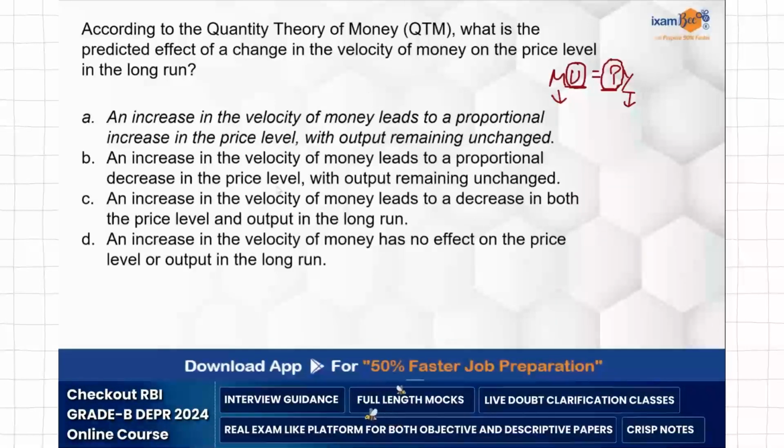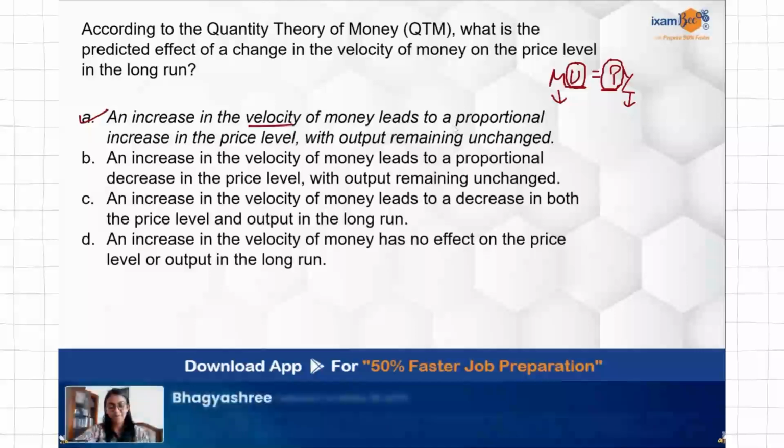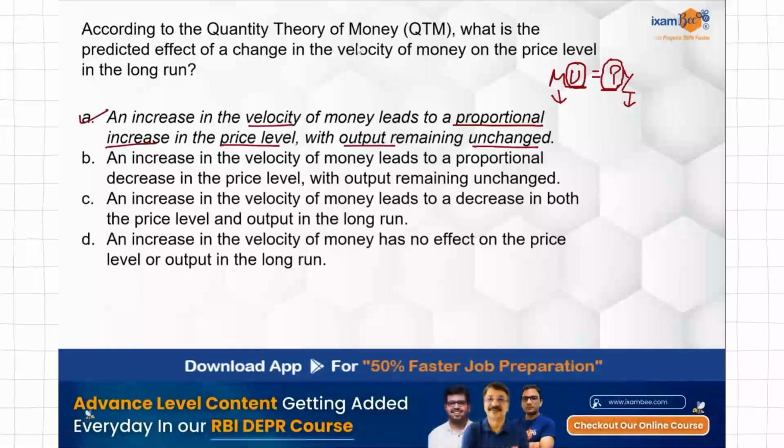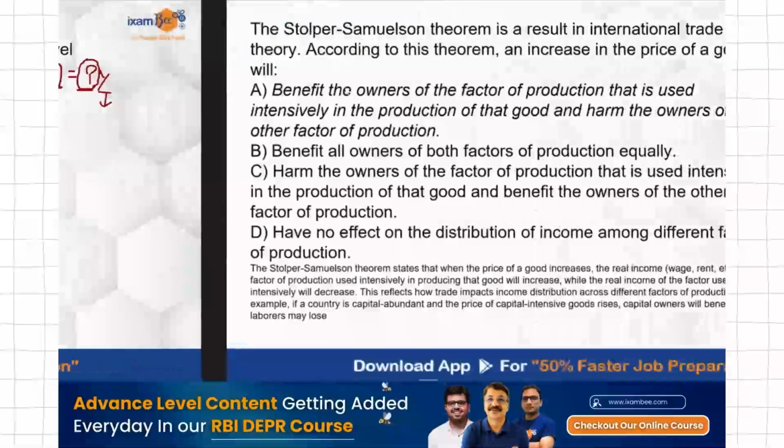So the correct option is option A: an increase in velocity of money leads to a proportional increase in the price level with output remaining unchanged. Whenever you see this type of question, you need to write the equation first, and then match the options.